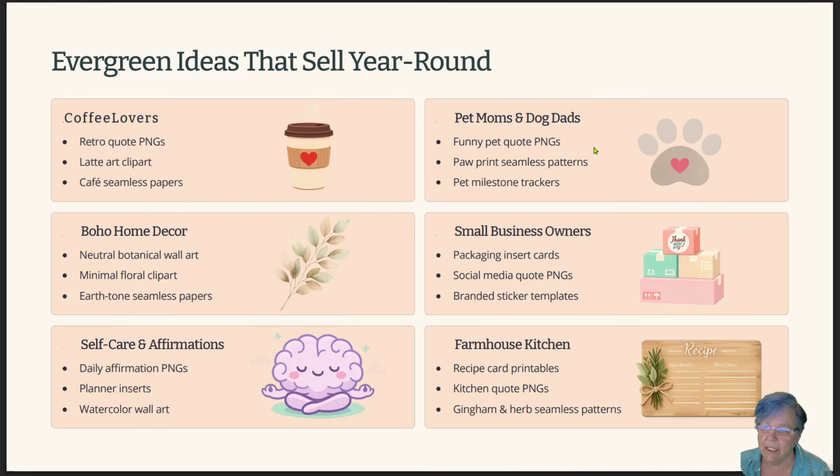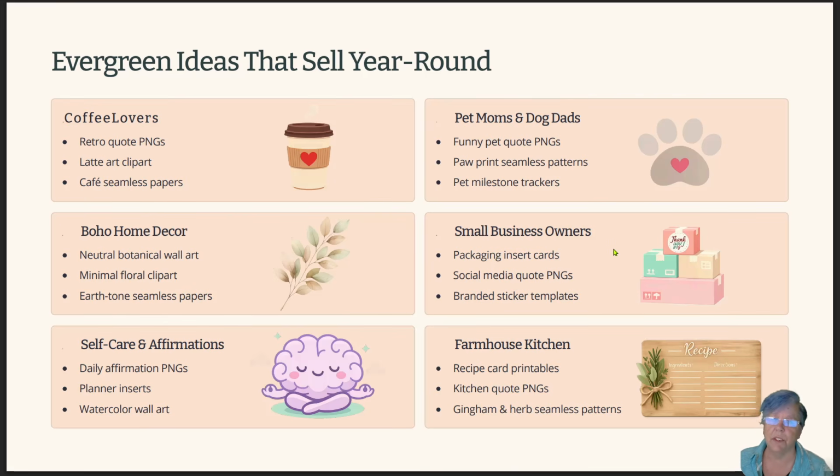Pet moms and dog dads, pet owners love to buy things pet related, especially if you go breed specific. Boho home decor, neutral botanical wall art, minimal floral clip art, earth toned seamless papers. Those are always popular.